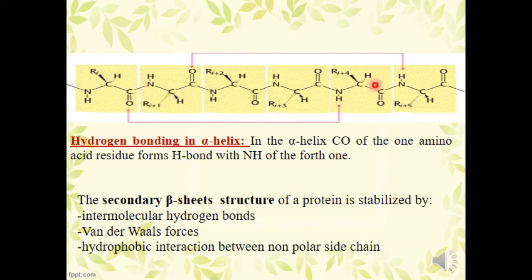The stabilizing force for secondary beta sheet are intermolecular, because you have one polypeptide stacked onto another. So you have intermolecular hydrogen bond, van der Waals forces, and hydrophobic interaction between the non-polar side chain. These are the stabilizing force for beta sheet structure.